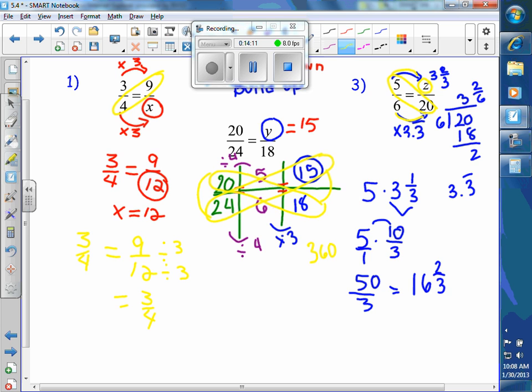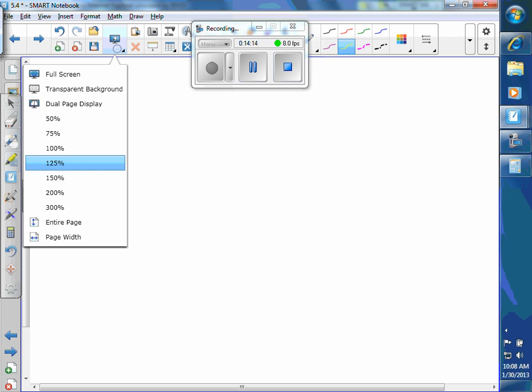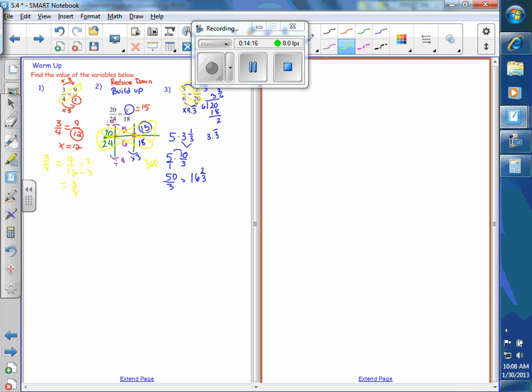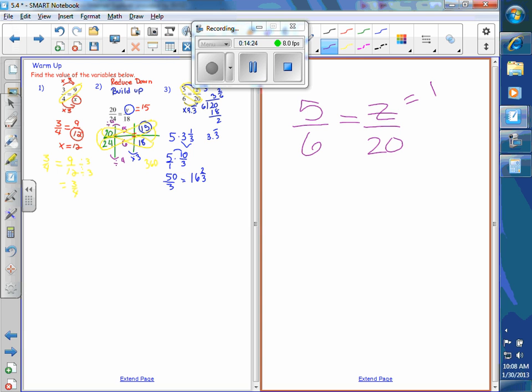let's bring maybe another page in here so I can write bigger. So I'm going to take that problem and write it here. 5/6 is equal to z over 20. We just found out that that's 16 and 2/3 by using logic, by doing the same thing to the top and the bottom. The shortcut, which is easier math but doesn't have any meaning to it, is handy.